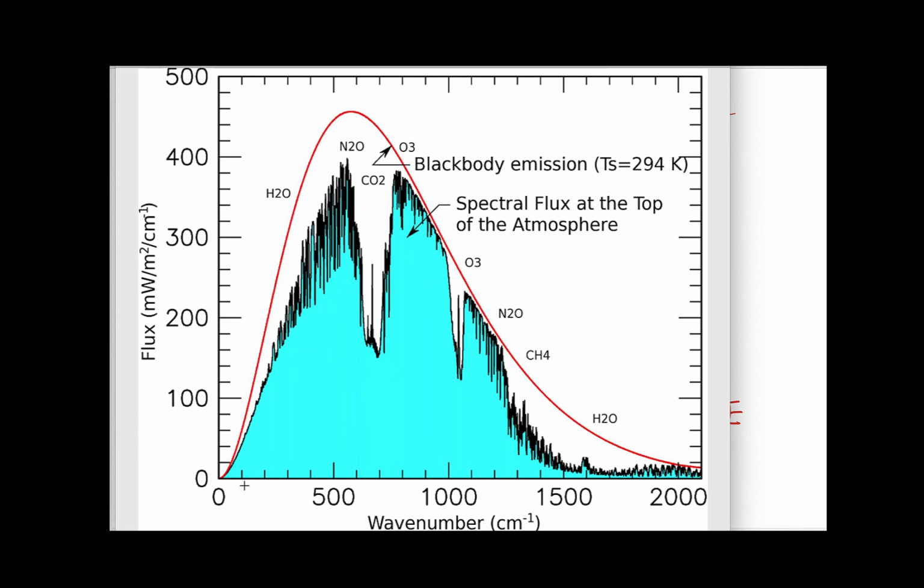So we have each of these different greenhouse gases absorbing different parts of our infrared spectrum and changing what's going on in our atmosphere. And do you remember how just a minute ago I talked about how we mainly pay attention to the 500 to 1500 range?